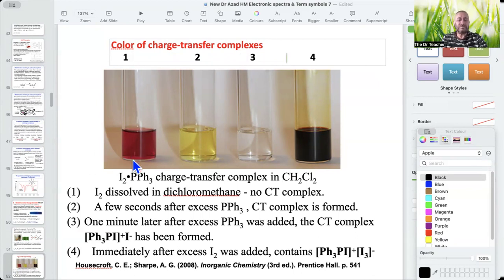So sample number 1, there is iodine in dichloromethane, so no charge transfer. Few seconds after excess of PPh3, charge transfer occurred. 1 minute later, after excess of PPh3 added, the charge transfer complex had completely formed. And number 4, immediately after excess of iodine was added, contains iodine.